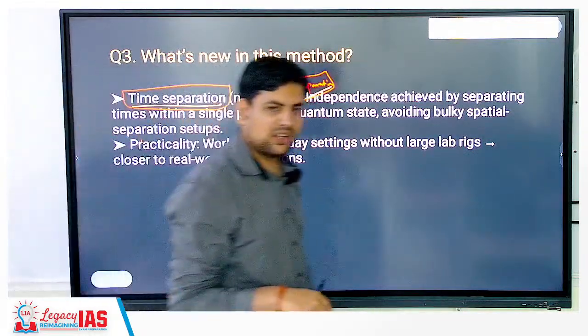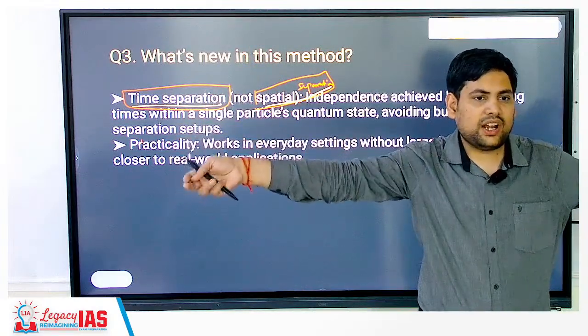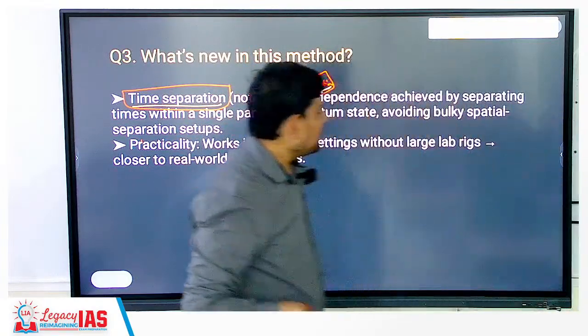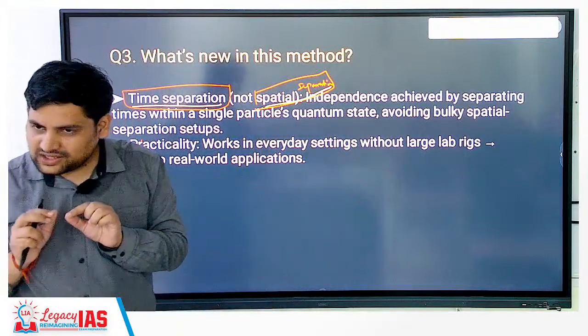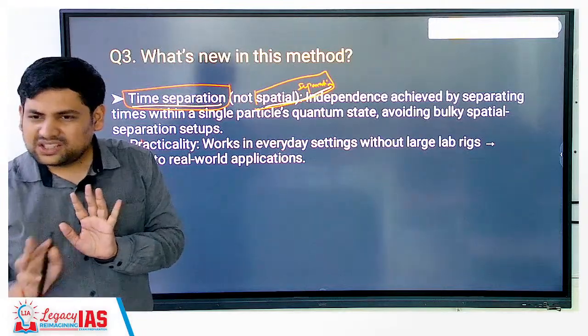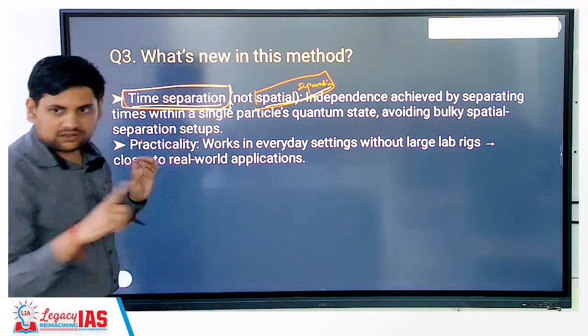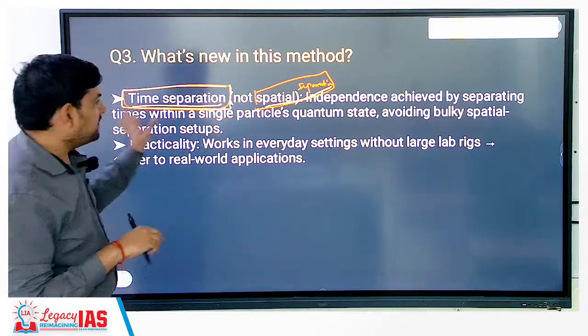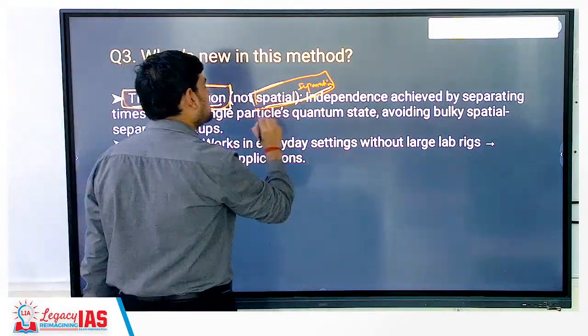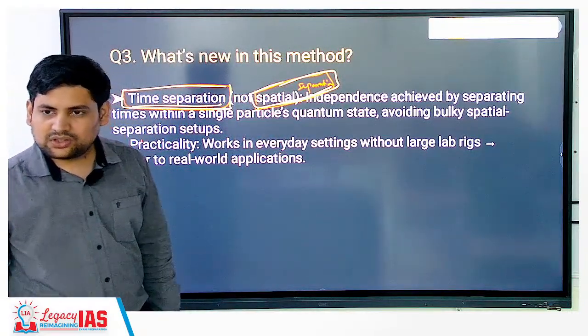Spatial separation is when they are placed at far off places so that they cannot interact. Time separation is when they are at the same space but at different nanoseconds of time. You only need to remember that we can make these quantum systems using two kinds of separation, time separation and spatial separation.